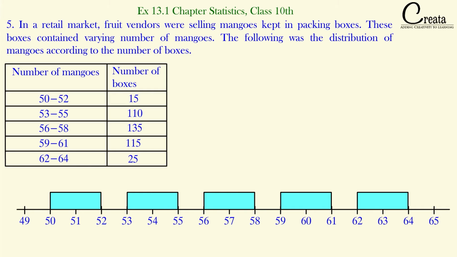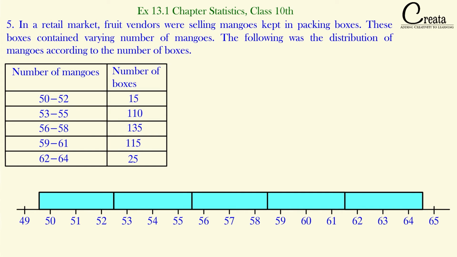We will just increase the upper limit by a certain amount, for example 0.5, and also decrease the lower limit by 0.5. Let's see what happens. Firstly, let's increase the upper limit of all these cases by 0.5 and also decrease the lower limit of all these cases by 0.5.